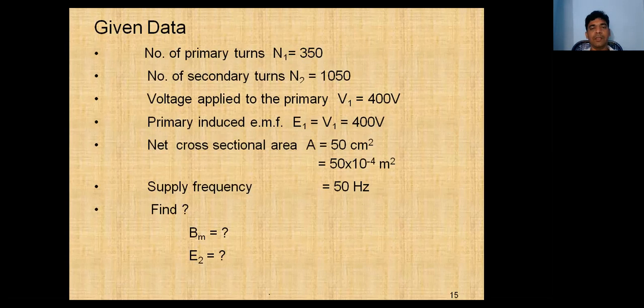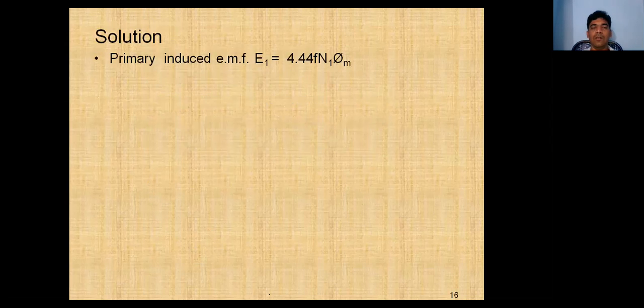We know that primary induced EMF E1 is equal to 4.44 f N1 φm, that is equal to 4.44 f N1 Bmax into A. The E1 value is given as 400.